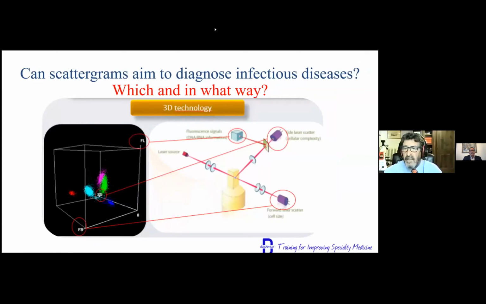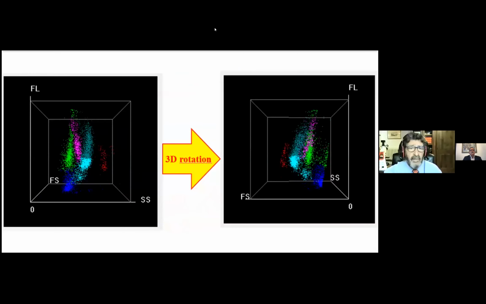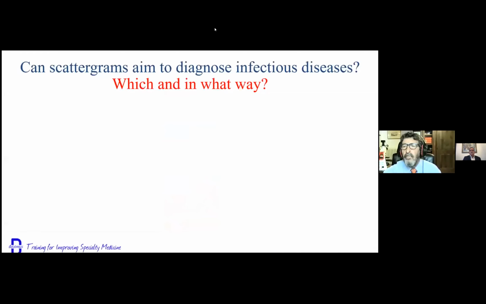The rotation function of the three-dimensional scattergrams resulting from the cellular analysis allows evaluating variations in the cell cluster morphology that otherwise would have been hidden in the two-dimensional view.